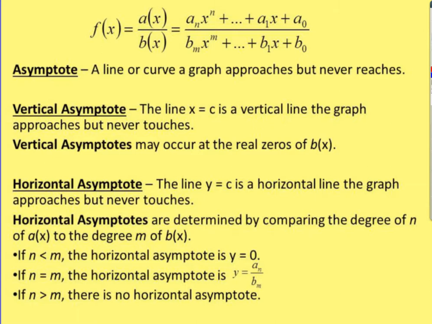Your b polynomial, b of x, is b sub m times x to the m power, so it has a degree of m, going all the way to b sub 1 times x plus b sub 0. So the degree of your polynomial a of x is n, and the degree of your b of x is m.